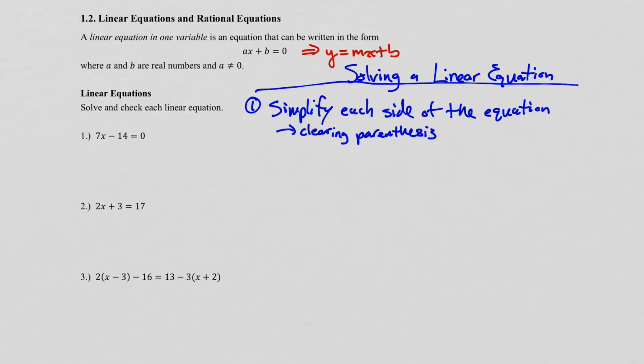Usually they're parentheses. Okay, and you can do that by distributing. You can do things like combine like terms on each side. You can also clear fractions and decimals, which we're going to do later.